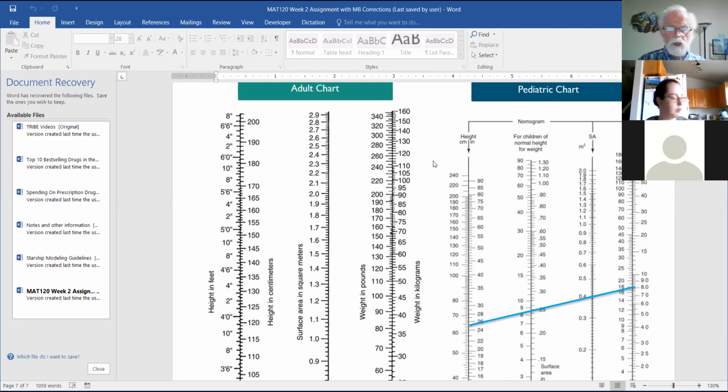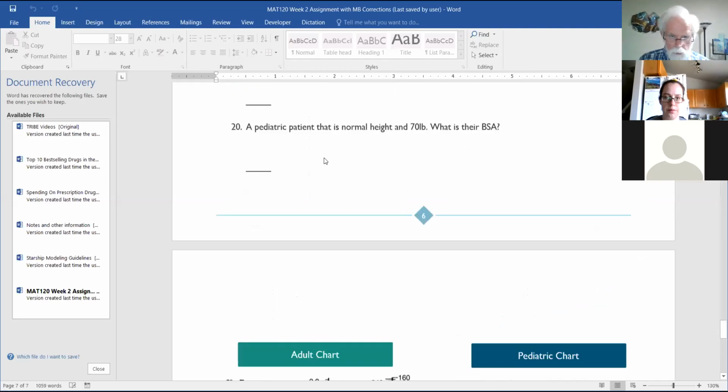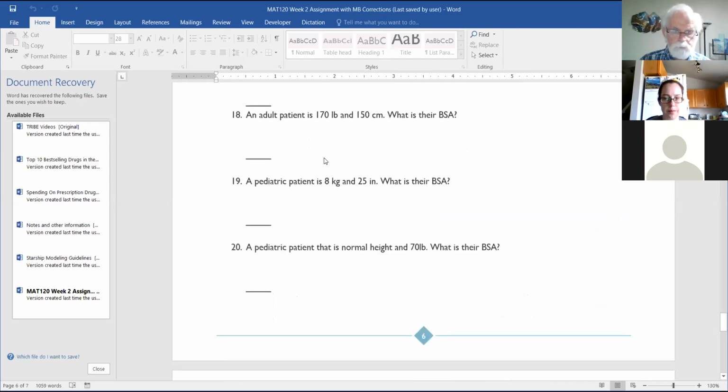We put you through the calculations so you can really get a feel for the relationship between weight and height and body surface area, since people vary all over the map in terms of both.